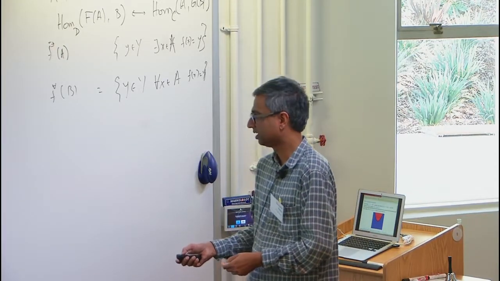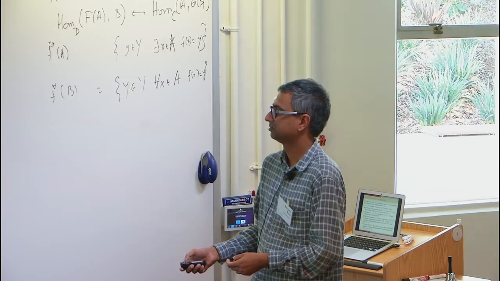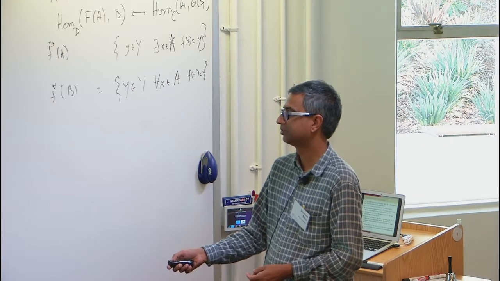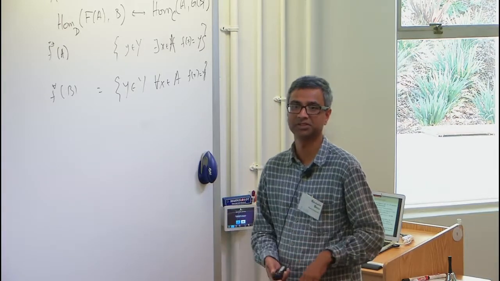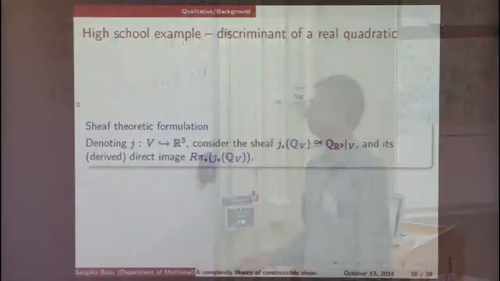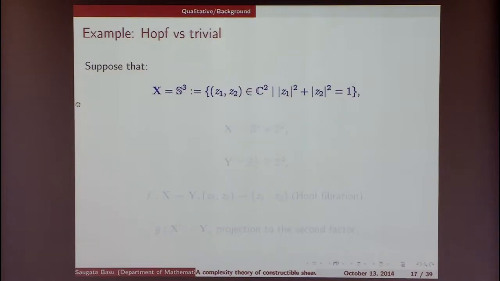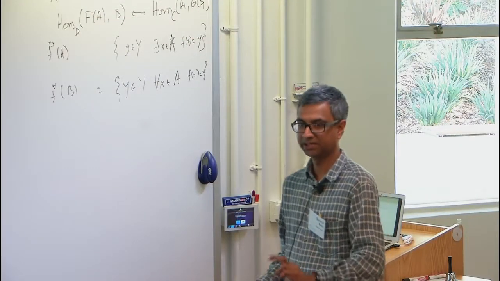As I said, the stalk is just the ordinary cohomology of the fiber with coefficients in A. But the fiber should be non-reduced? No, if you take some more complicated sheaves, okay. But here we are just taking sheaves with constant coefficients upstairs. So these are much simpler sheaves than the usual ones that algebraic geometers would study.